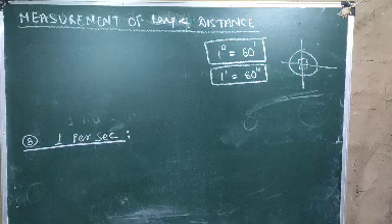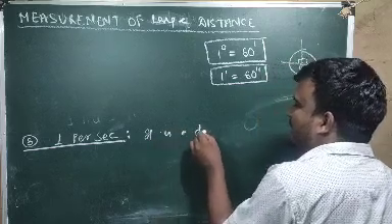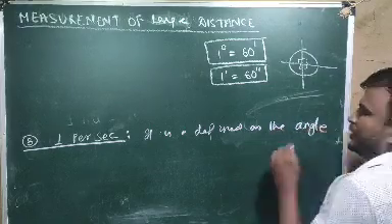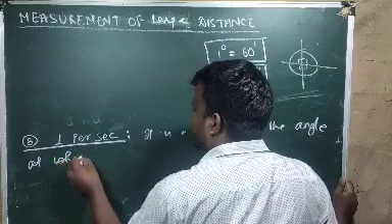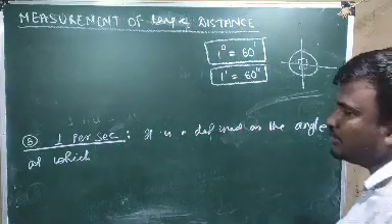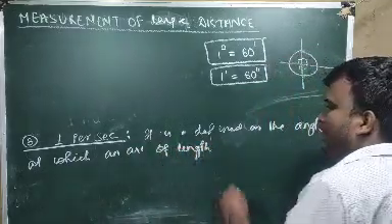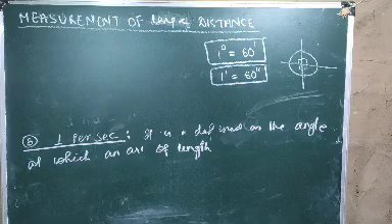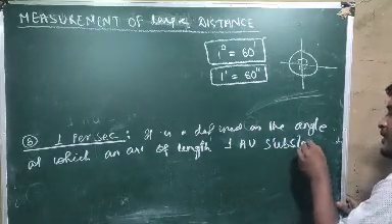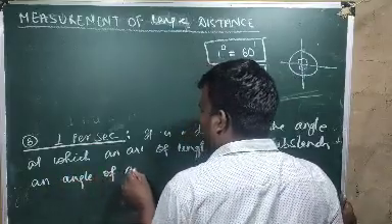It is defined as the distance at which an arc of length 1 astronomical unit subtends an angle of 1 arc second.